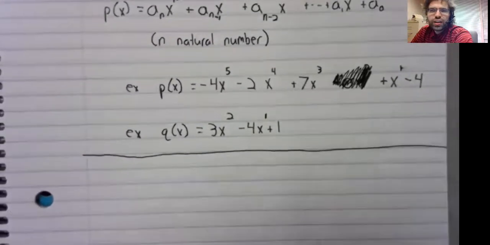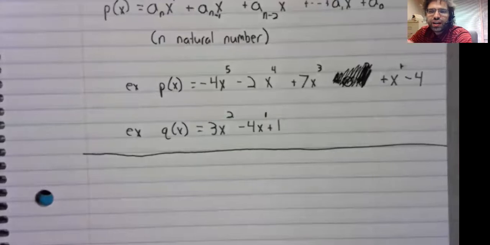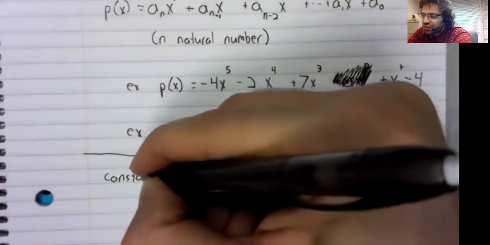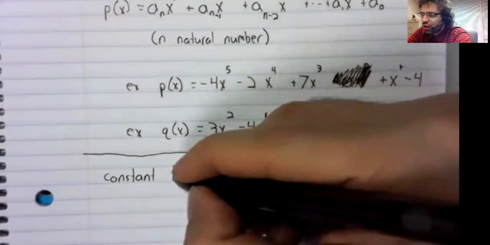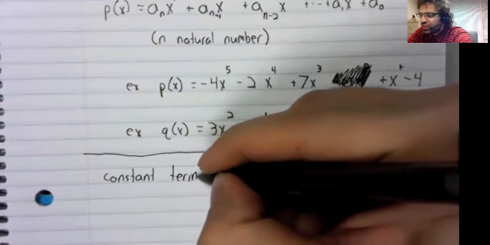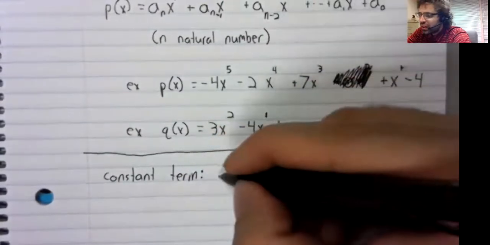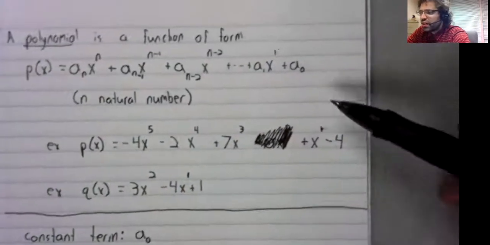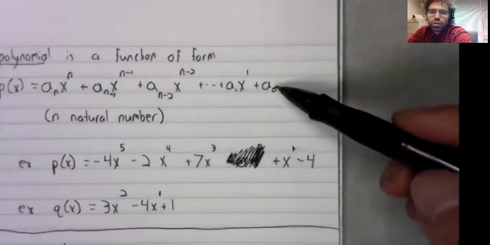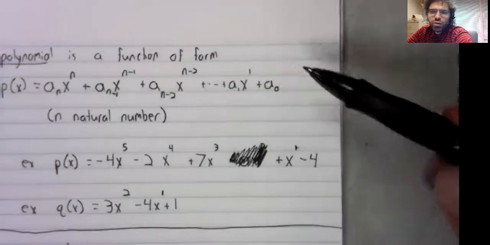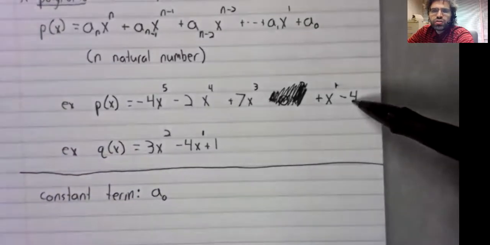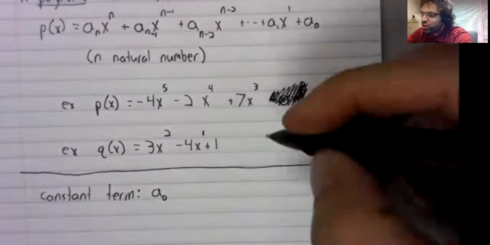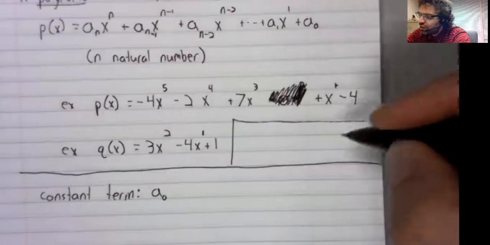So what were the things I promised to define in addition to polynomials? Since I've already said the word constant several times, let me formally state that this a sub 0 is called the constant term. Here, the constant term is -4. Here, the constant term is 1.